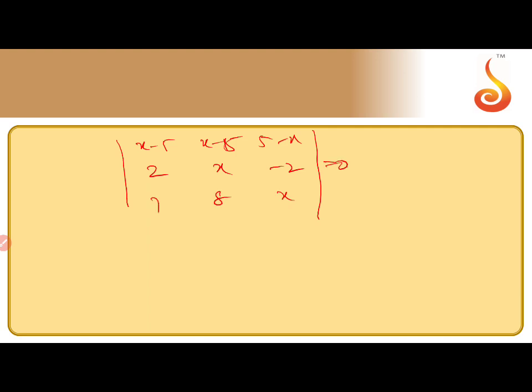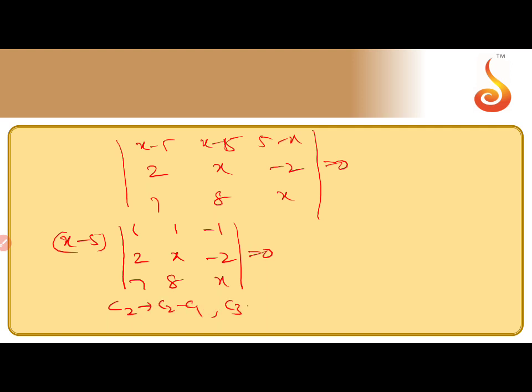So here, take x minus 5 common from the first row: 1, 1, minus 1, 2x minus 2, 7, 8, x equals 0. Now we can apply one property. Is it possible to get anything? I will take C2 as C2 minus C1 and C3 as C3 plus C1.